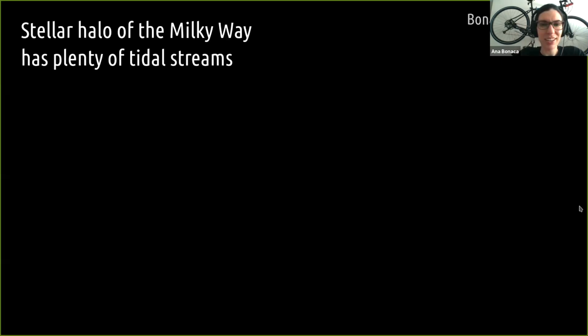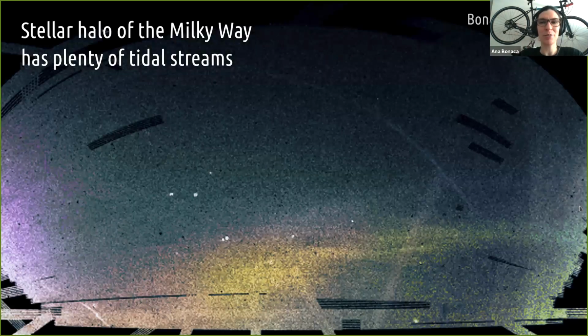And as I mentioned, for a long time, all of our data on stellar streams was coming from large imaging surveys. Here's a footprint of the first survey that has enabled us this very complicated view of the stellar halo.